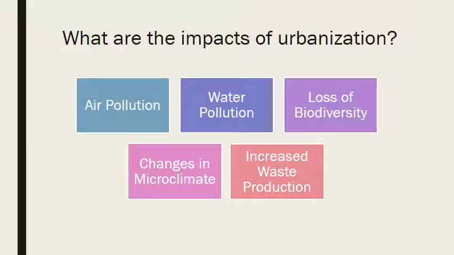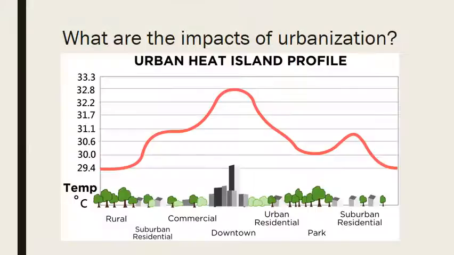This is the area around the urban development. When we talk about a change in microclimate, we're talking about what's called the urban heat island. An urban heat island is literally the downtown area, the central part of the city, being significantly warmer than the surrounding suburbs and rural areas. This is because of the things that are used in the city.